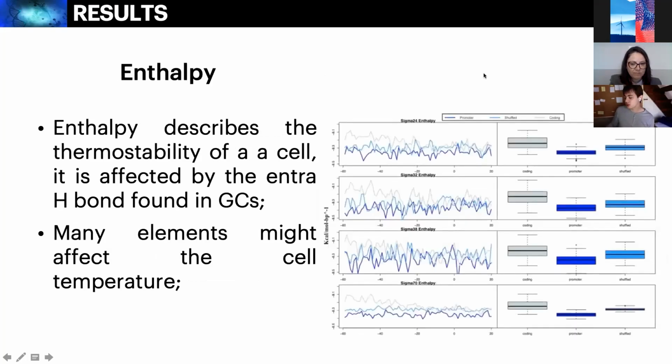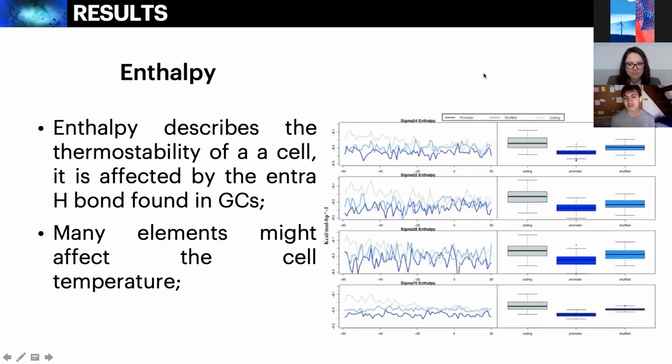When we take a look at each one of our features separately, we start with enthalpy. This feature is used to describe the level of thermal stability found in a DNA molecule.